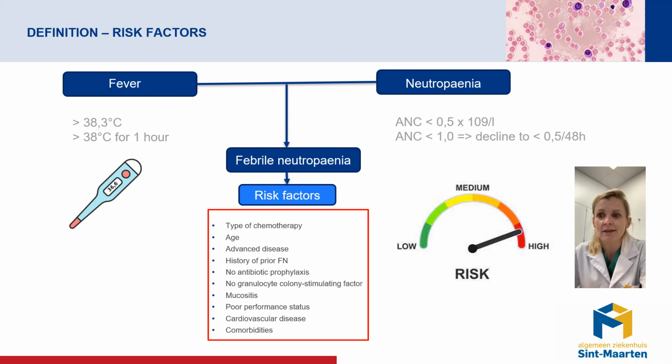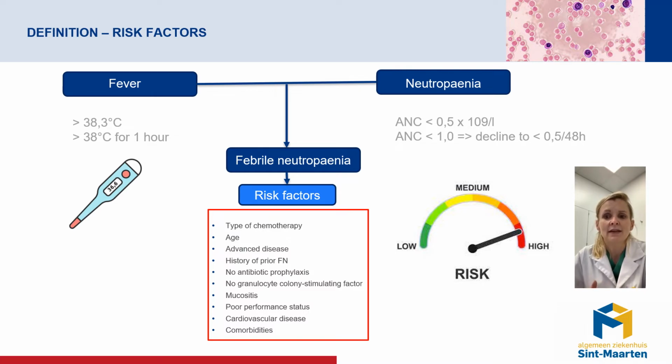Advanced disease, history of prior neutropenia, no antibiotic prophylaxis, no granulocyte colony-stimulating factors, mucositis, poor performance status, underlying cardiovascular disease, and the presence of comorbidities.